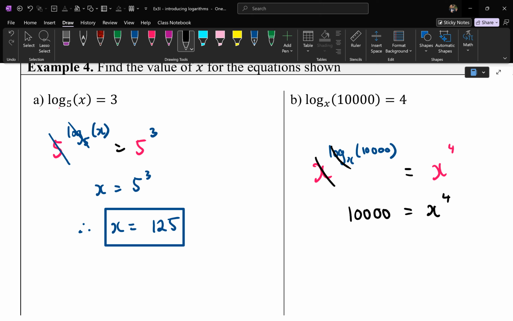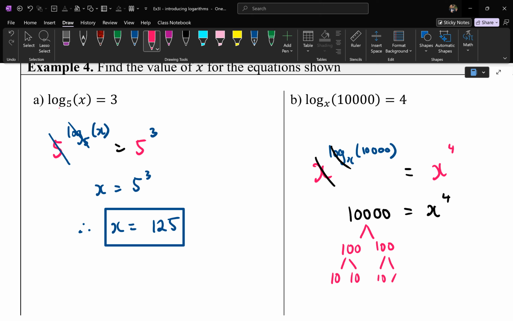Now you can do a bit of guessing here. You could probably at this point figure out something times itself 4 times to get you 10,000. But if you learned from what we did so far in chapter 3, you can break this one down. 10,000 is the same thing as saying 100 times 100. But then 100 times 100 is the same thing as saying 10 times 10.